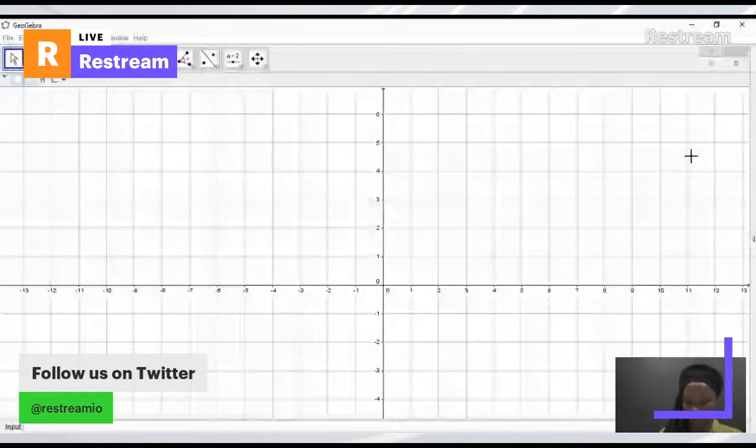If you see the GeoGebra screen, just let me know in the chat, so that I'm not talking to myself and I'm the only one seeing it. Alright, so you're able to see the GeoGebra screen.